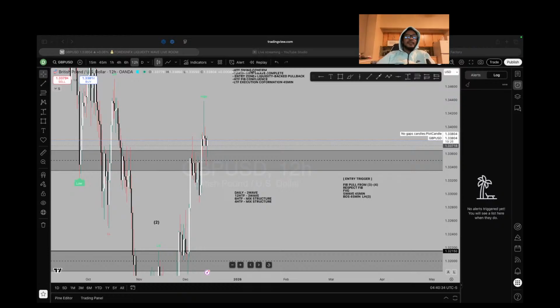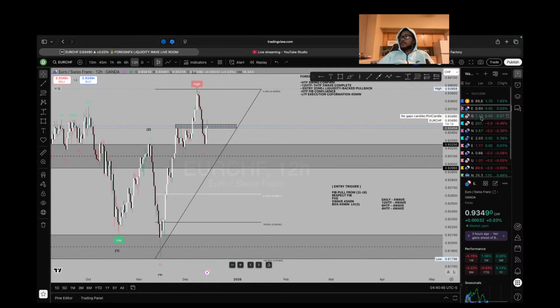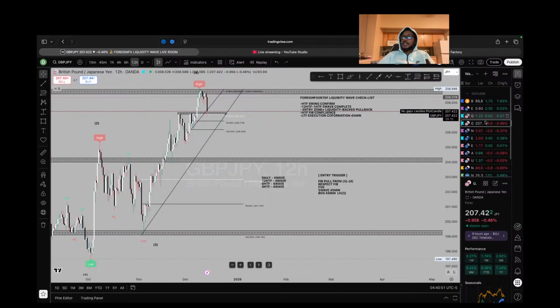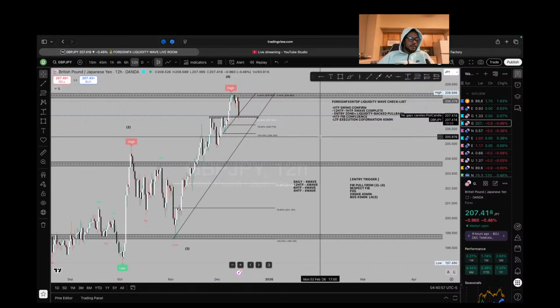All right, let's go over to my chart. So for my outlook, I have 8 pairs, but at the moment I have three pairs that I'm very much interested in for execution this morning.